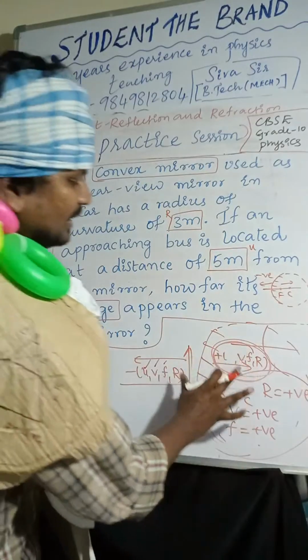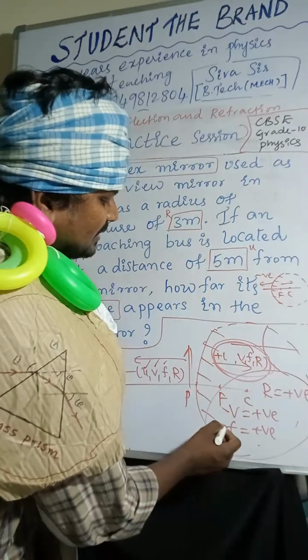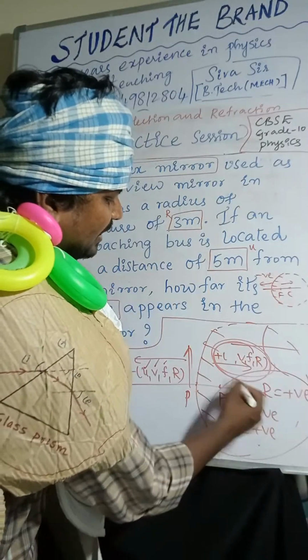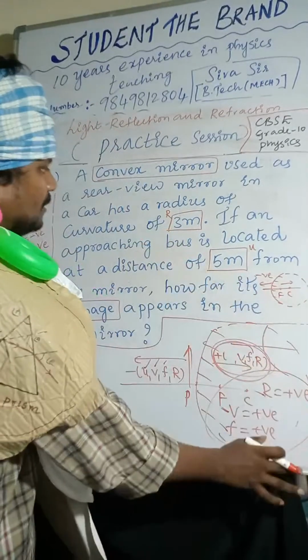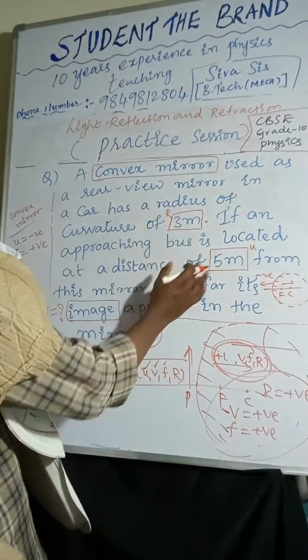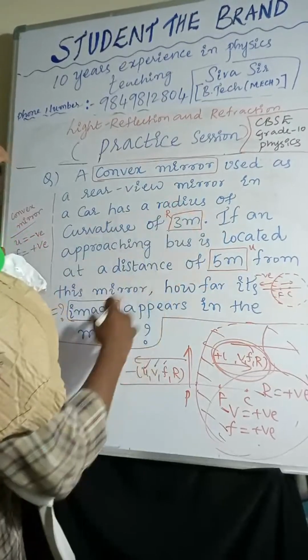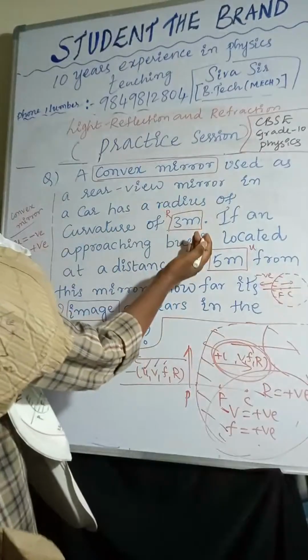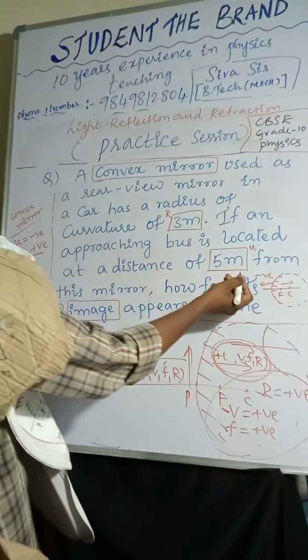So in the direction of incident rays, object distance, image distance, focal length and radius of curvature are all positive. In this question, radius of curvature is given. Positive or negative? Positive, so focal length is also positive. Object distance is anyway negative.